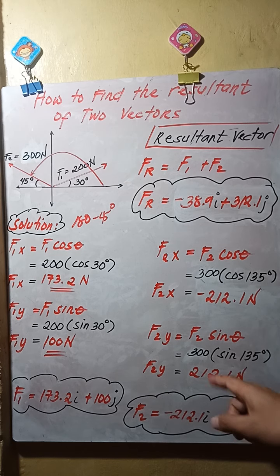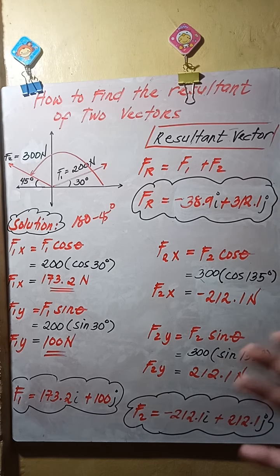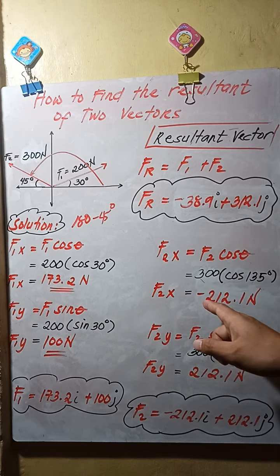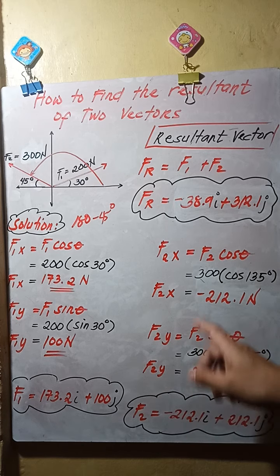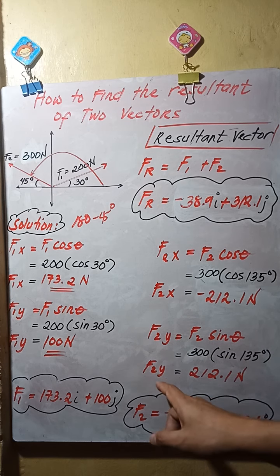Sir, bakit po the same sila 212? Kasi nga yung cosine and then sine of 135, nagkaiba lang sila ng value, negative and then positive, no? So, kaya mangyayari niyan, negative and then positive yung magiging value natin. So, ayan yung magiging value natin for F2x and then F2y.